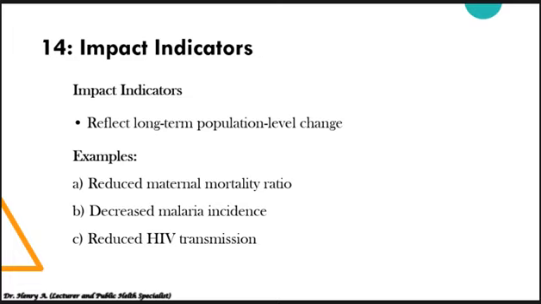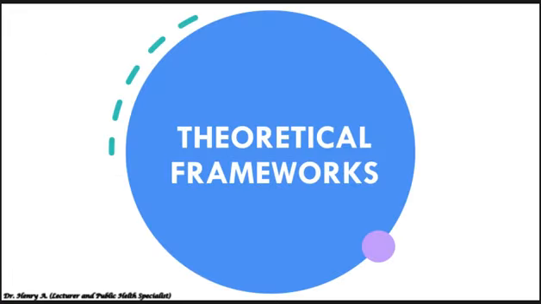So there's a strong reduction in HIV transmission as a result of the education, training, and campaigns that have taken place in the past. So this is a strong impact indicator, a change which is long term at the population level, and it's for good.